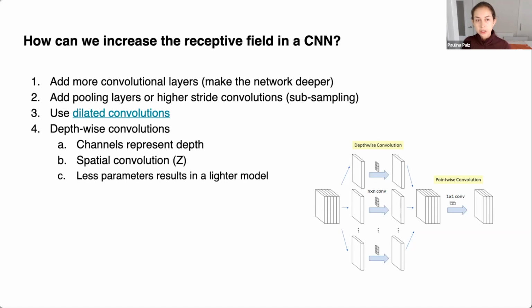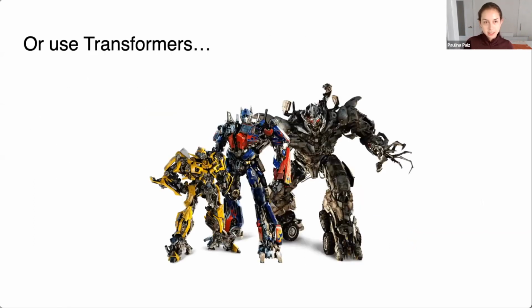The third is to use dilated convolutions, which is actually what Basenji 2 used. And the fourth one is to use depth-wise convolutions. I'm sure you can do a combination of these, but these are some of the answers that came to mind. And then another option, which is actually what Enformer does, is to use transformers.